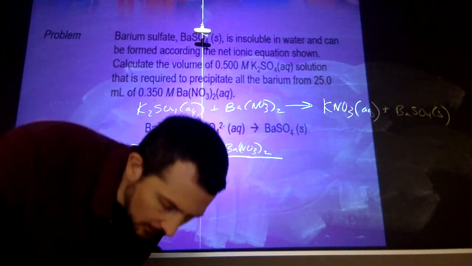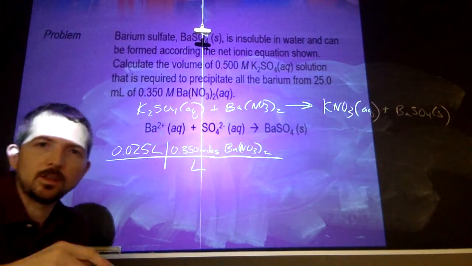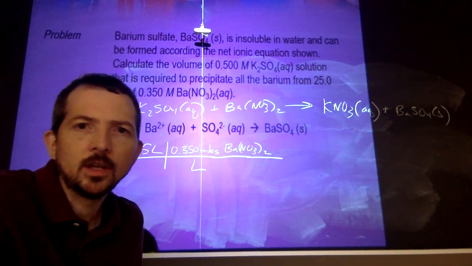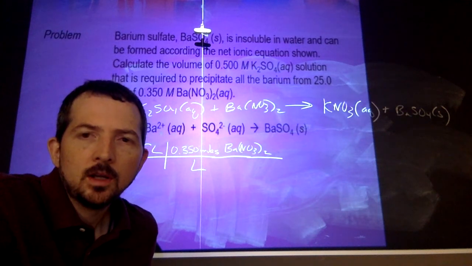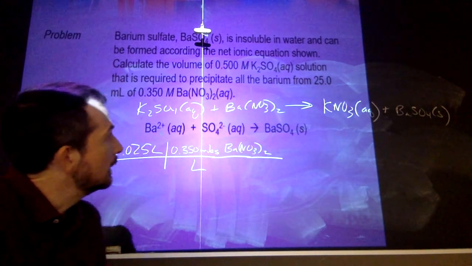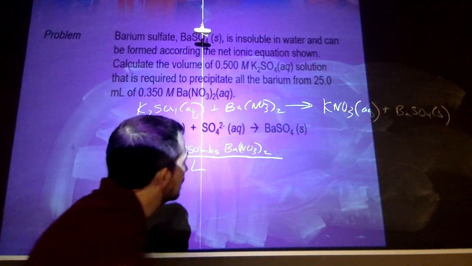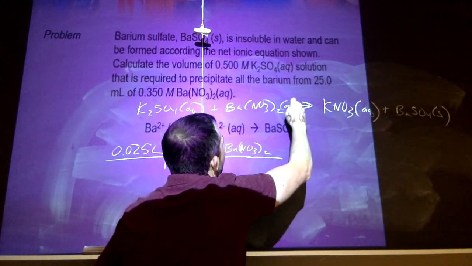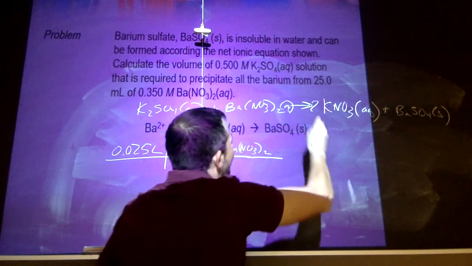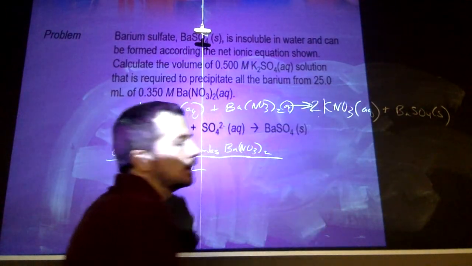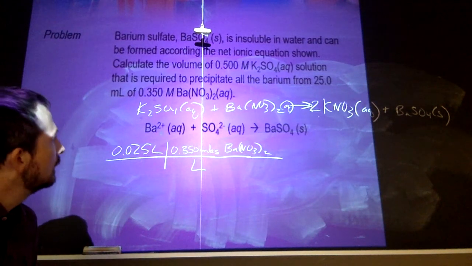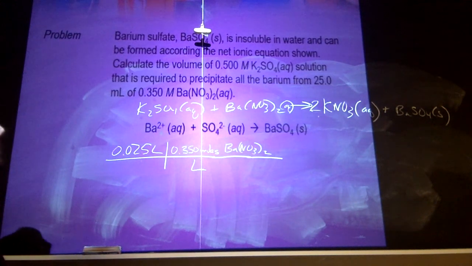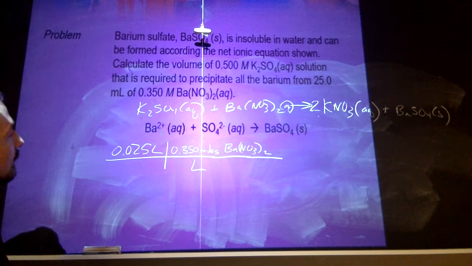Then I get my barium sulfate, which is solid. So again, this is from the previous lesson where we learned about solubility rules. So potassium nitrate, potassium's group 1, so soluble. Barium sulfate, insoluble. If I balance that, I need a 2 in front of my KNO3. So it's balanced now.